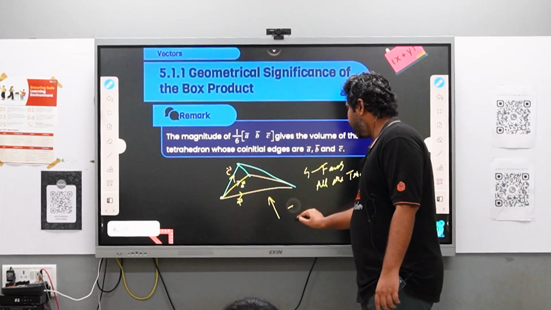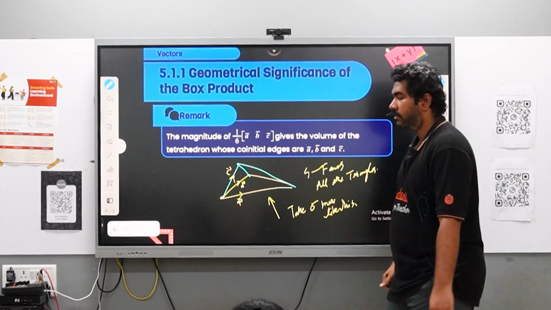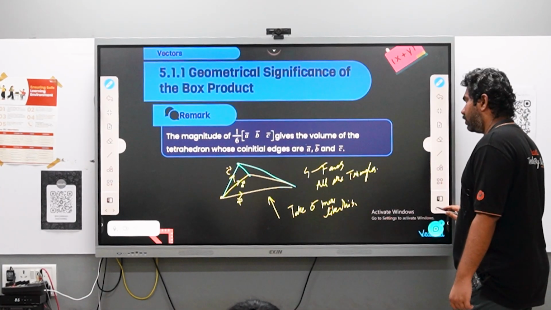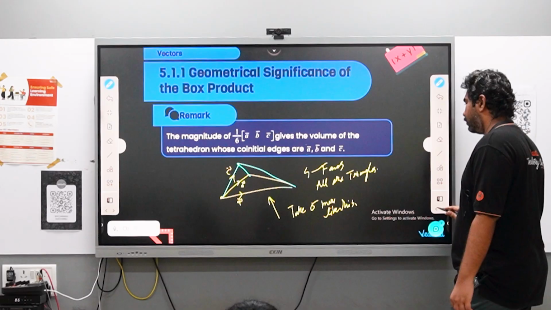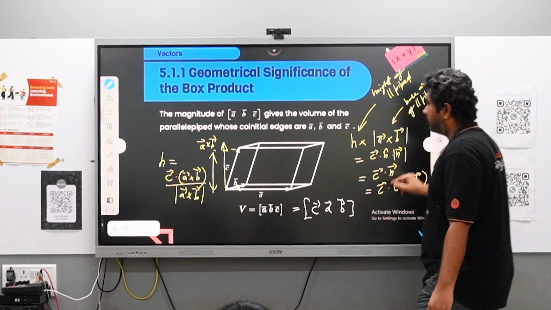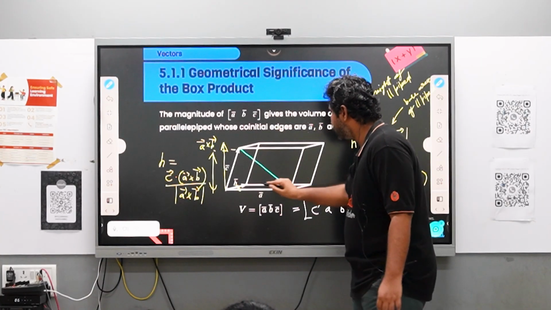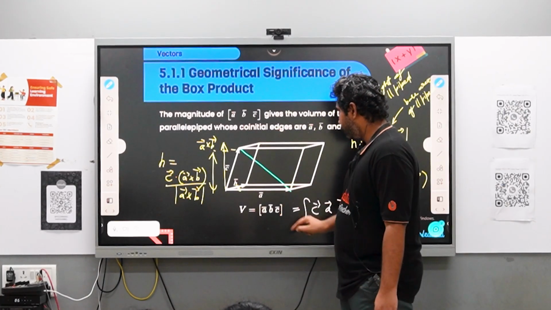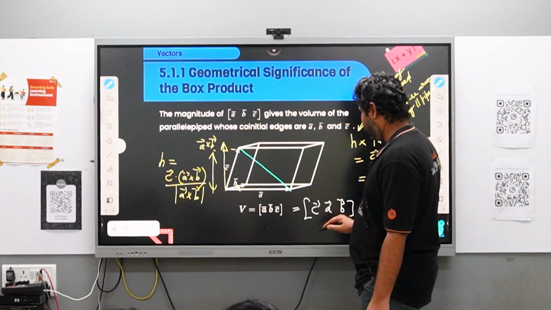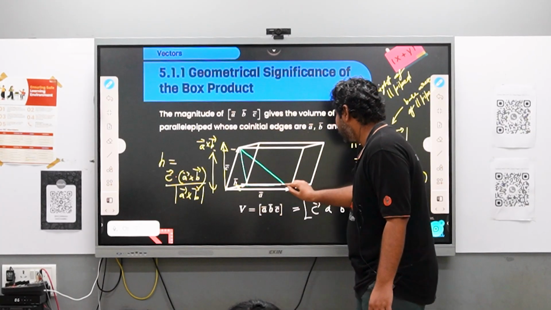So you can take 5 more like this, not from the center. It's like this. You can join these 2 points and you can join these two.